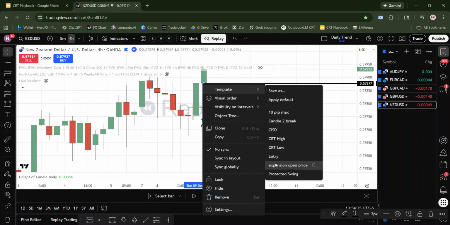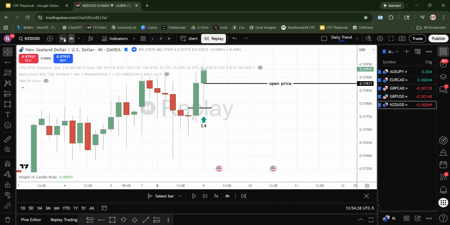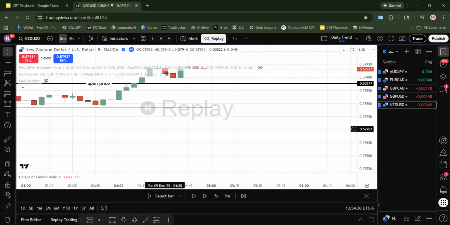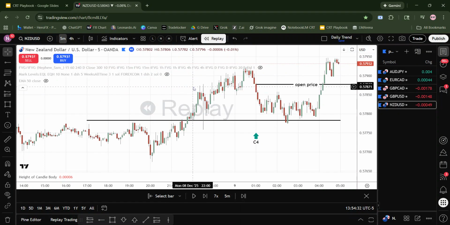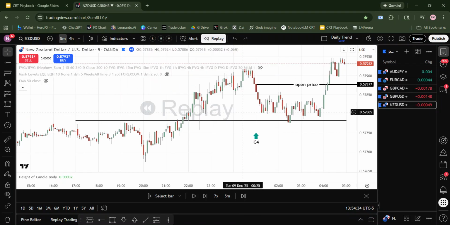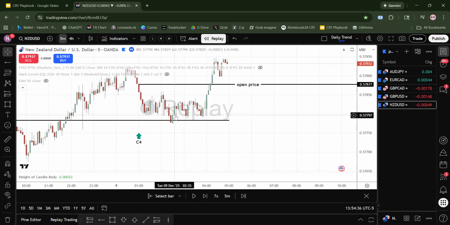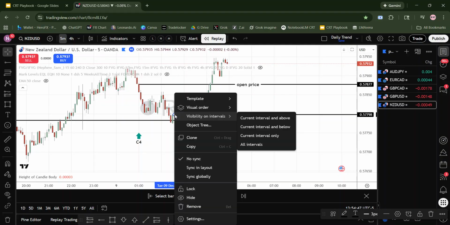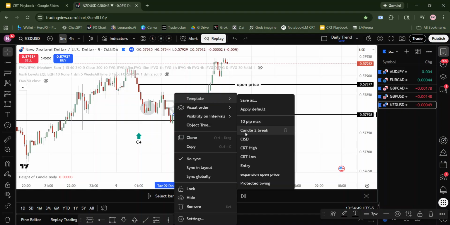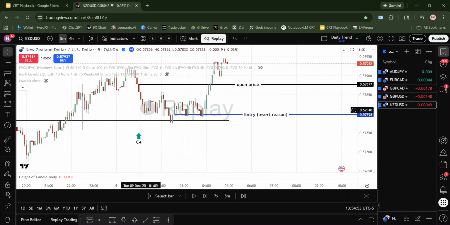So that's the open, 5-minute. Okay, so these railroad tracks right here on the low would have been a good entry. And that would have been at 235. So that would not have been in the first hour. Let's see here. That would have been the best entry right there.